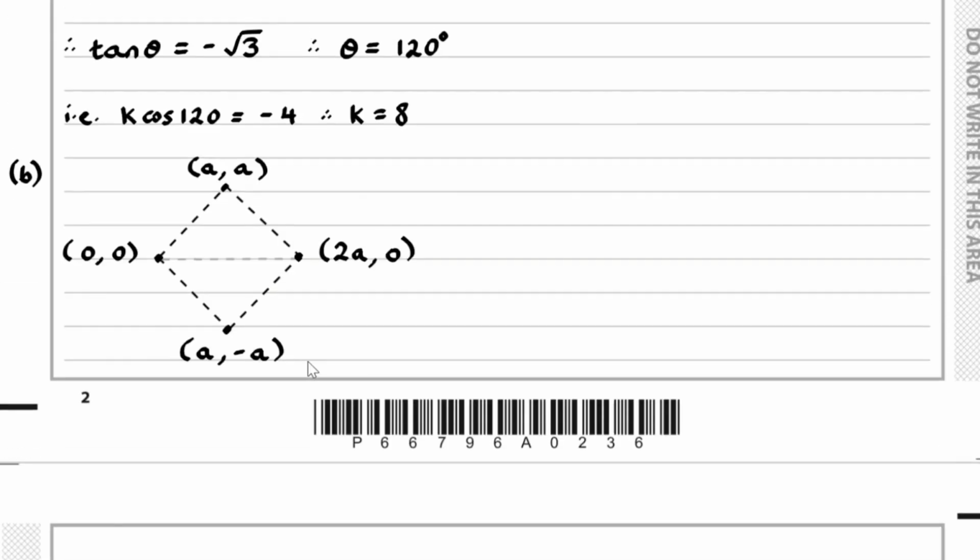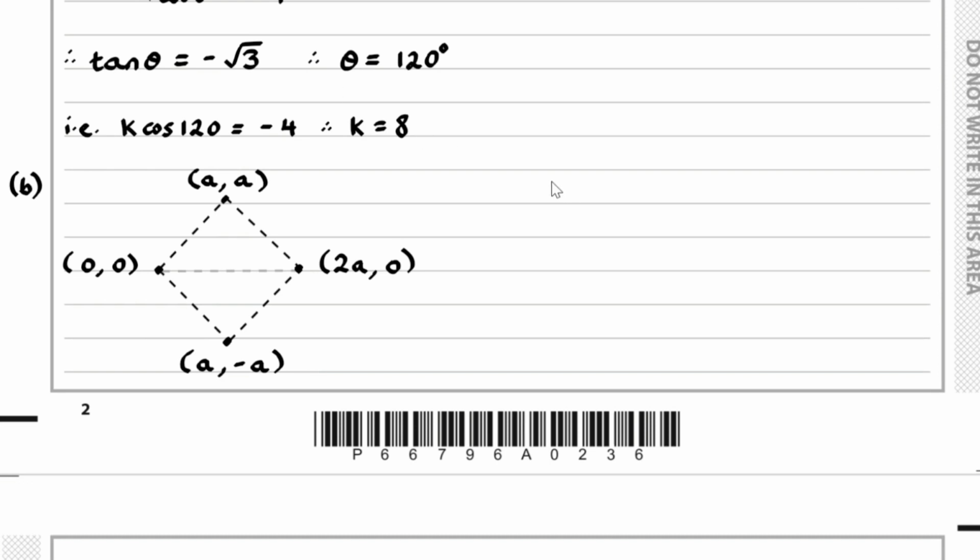And so the area of S is equal to 2 lots of, well, here we've got a triangle, 1/2 times by the base, which is 2a, and the height, which is a. So if we work this out, we get 2a squared. This is the area of S.